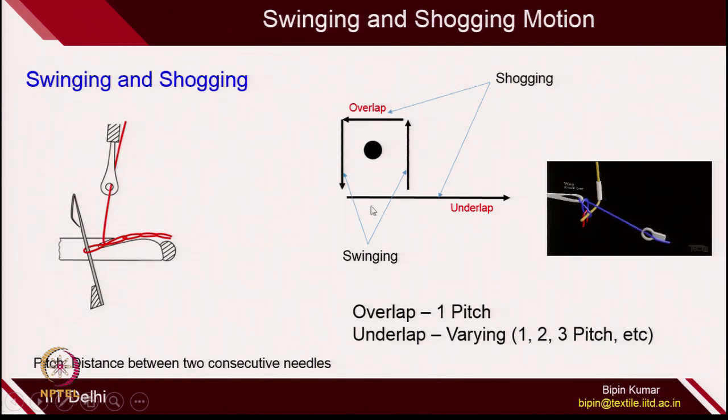Underlap, which is at the back side, can vary. You can have one pitch, two pitch, three pitch, depending on the fabric structures. So, you can now realize that if you keep changing the underlap, you can generate different types of fabric structures. Every time the guide bar changes the position or changes the direction, you will generate a new type of fabric structure. So, let me show how.